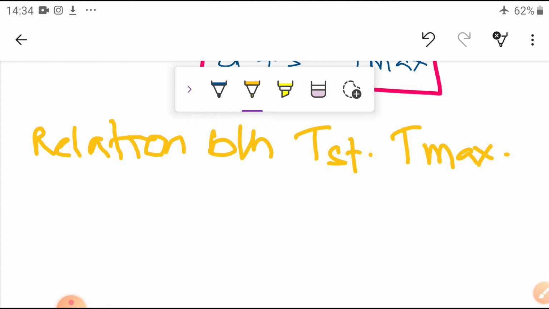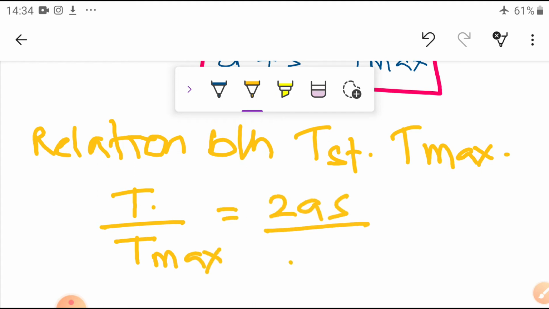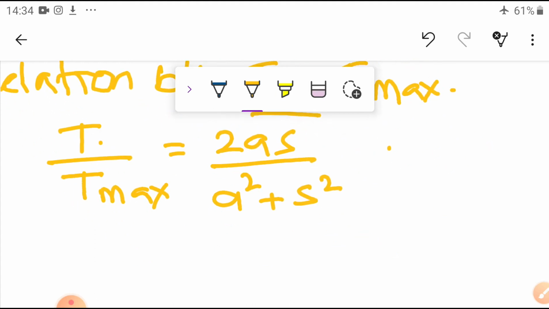The same equation I can write. Previously, I wrote T full load, T by T max, as 2as by A square plus S square. For T start, that means at starting, S is equal to 1.